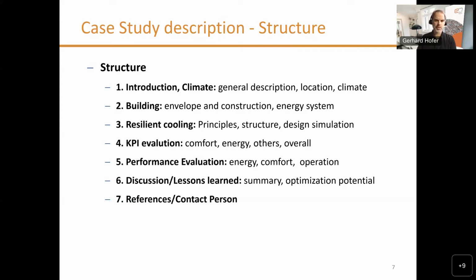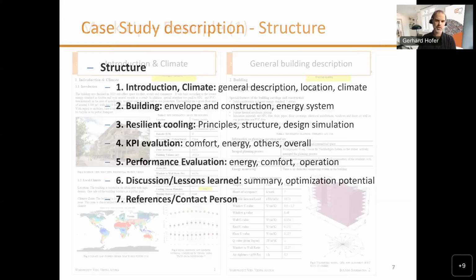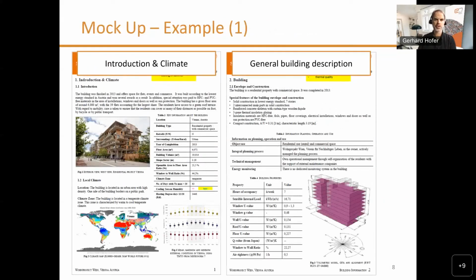Later we try to have additional performance evaluation in the field of energy, comfort, operation, and resilience. And finally, we have some discussions, lessons learned, and references. Next slide, please. I will go into more detail on this concept. Thank you very much.